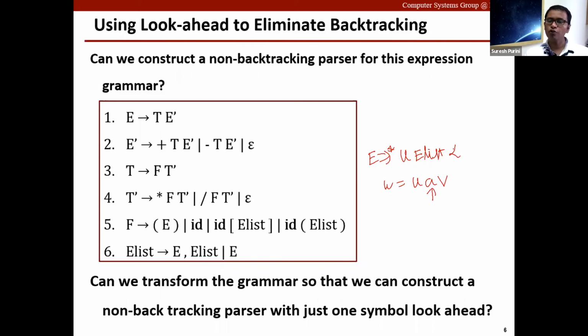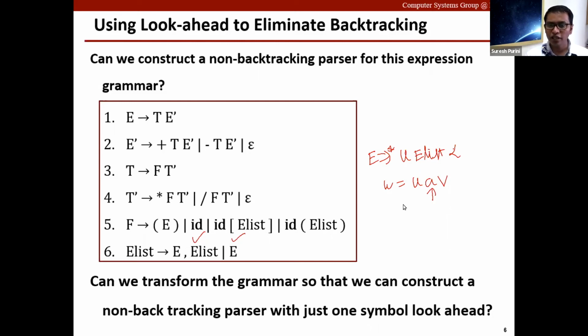So we have to go forward and see if there is a comma or not. Depending on that, we have to use either this substitution rule or this substitution rule. So again the problem is, no matter how many lookahead symbols we use, we will not be able to deterministically pick whether we should be using the first substitution rule for E list or the second substitution rule for E list, because we don't have control on the length of the expression.